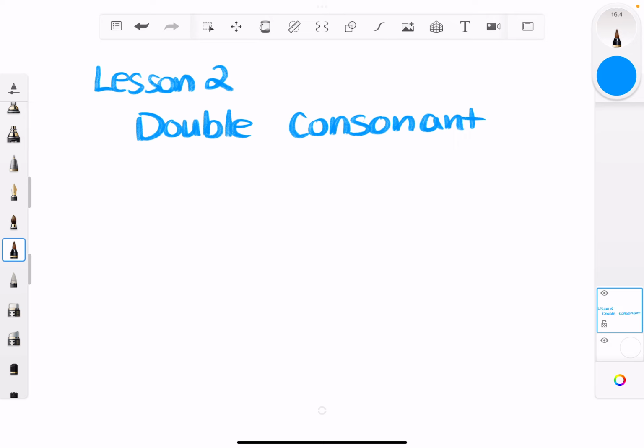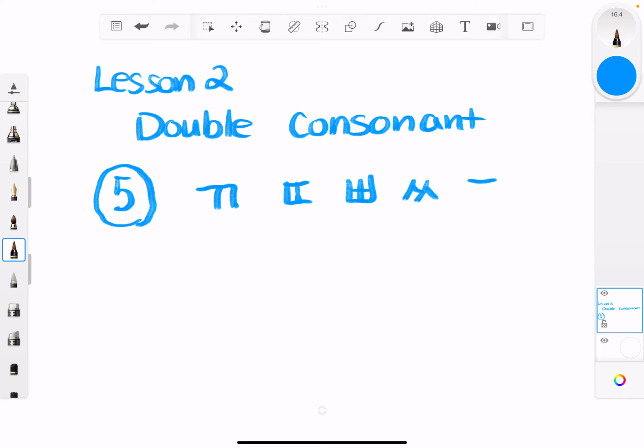So we're going to talk about 5 double consonants in Korean language. And those are these. And their single consonant counterparts are these. So I'm going to read them out loud.